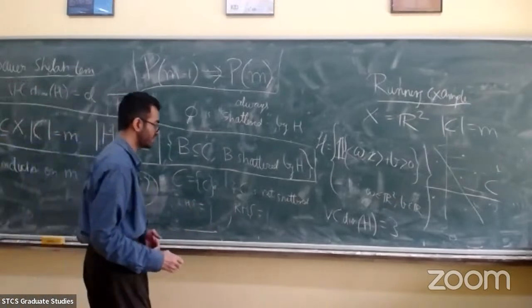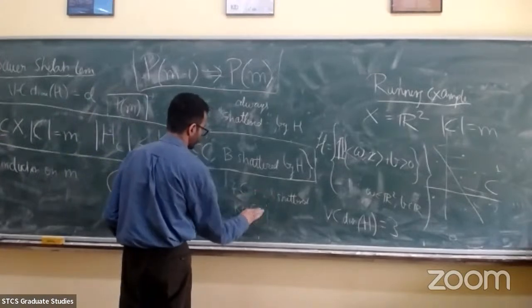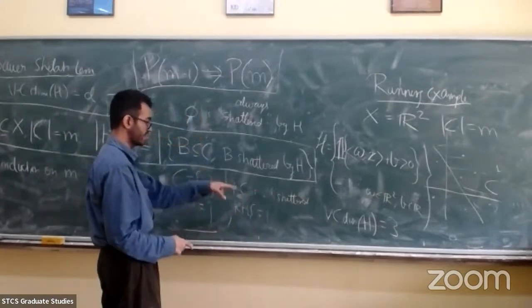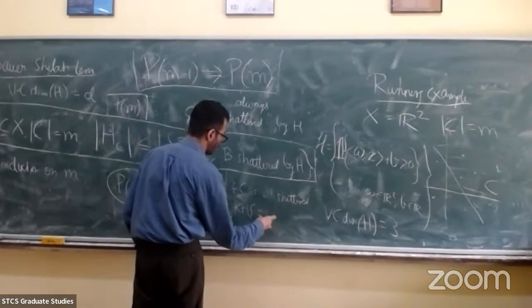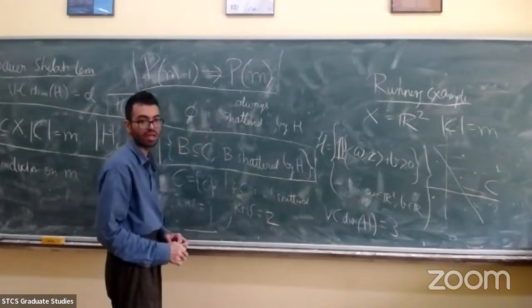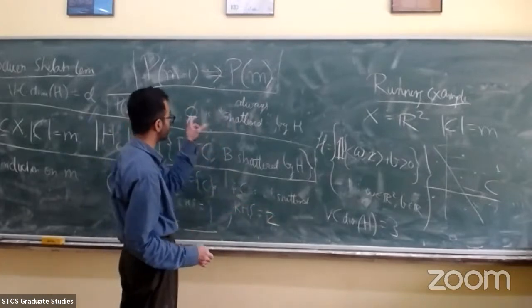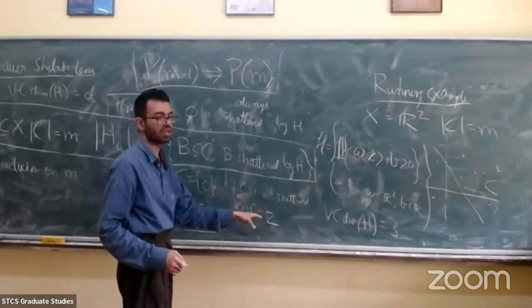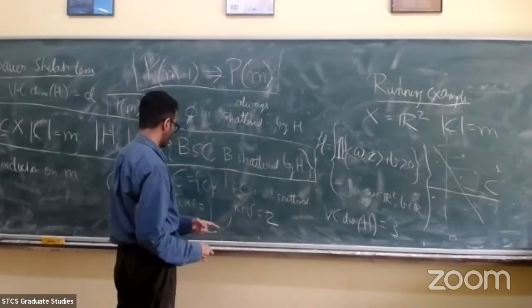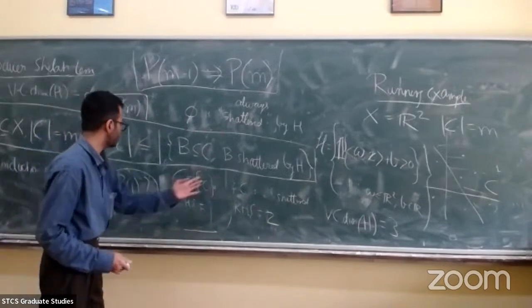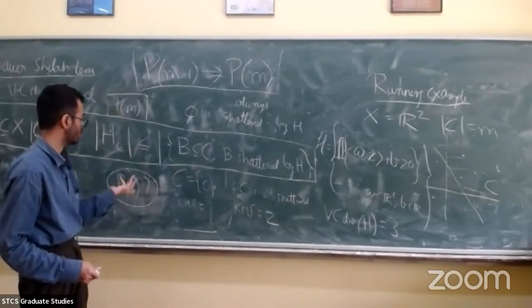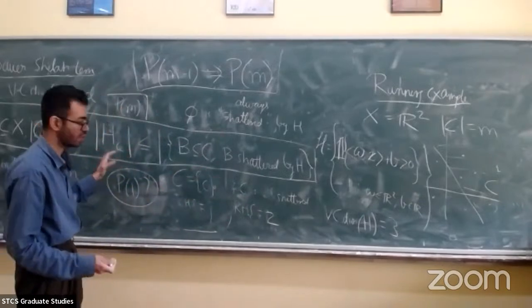On the other hand, if C is shattered, then RHS is 2, because both the empty set and C are shattered. And indeed the LHS is also 2, because it is at most 2.